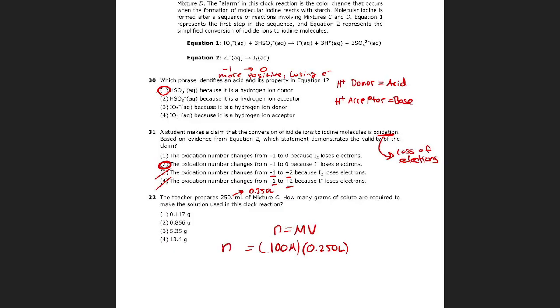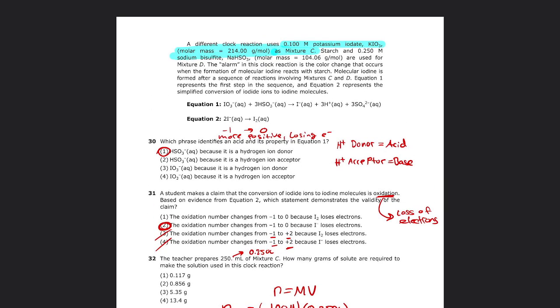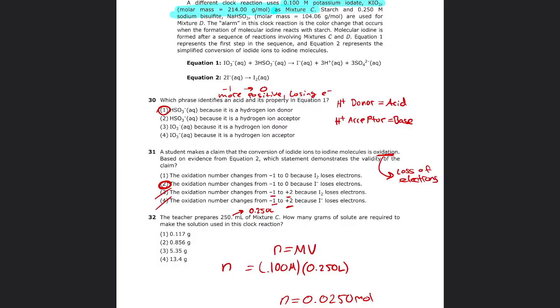And then we're going to be left solving for n, which is not the gram value, it is the mole value. But once we have the moles, we can then convert it to grams. All right, so solving this equation, we can get that n is equal to 0.0250 moles. And that would be moles of potassium iodate, KIO3.